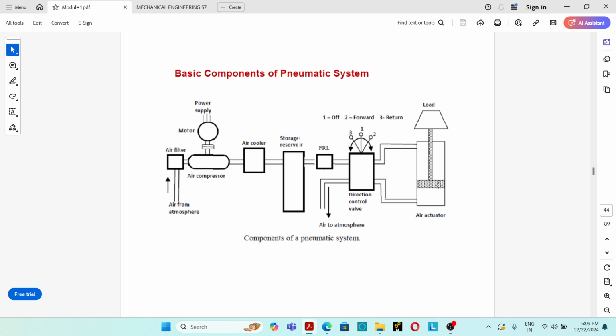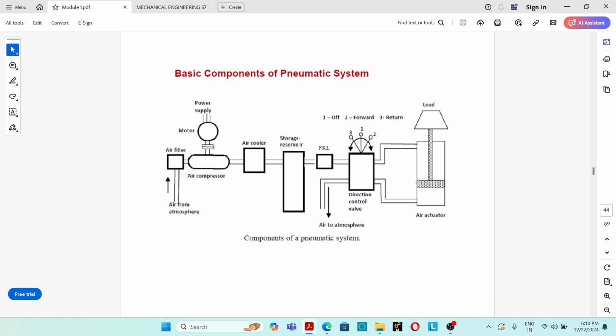A and B are working line ports. By using this direction control valve, three positions can be achieved for the actuator: lifting the load, lowering the load, and lifting the load and holding it at a particular height. Direction control valves are commonly used to control the direction of motion of the actuator. The most widely used direction control valve in a pneumatic system is the 5x2 direction control valve.